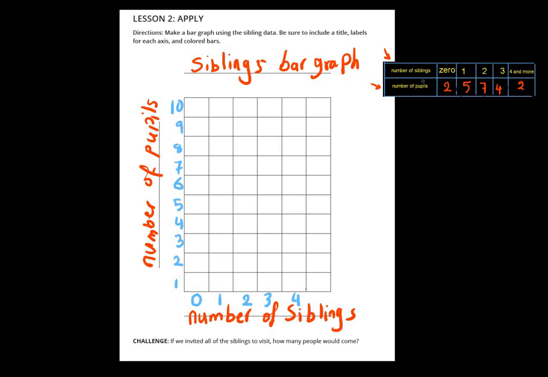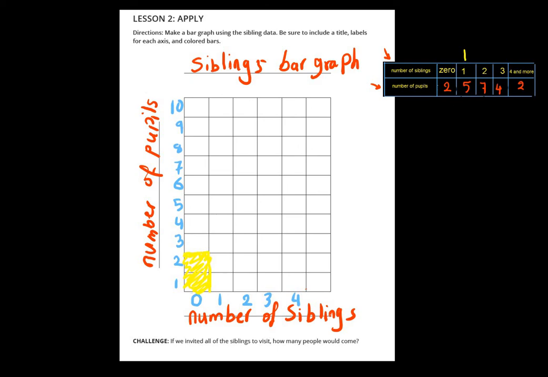The children who have no siblings are 2. So we color 2 squares with this color, for example. The children who have 1 sibling are 5. So we shade 5.